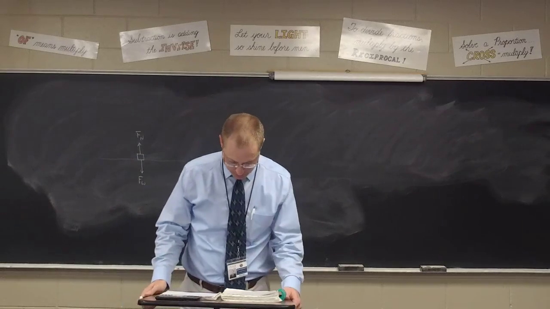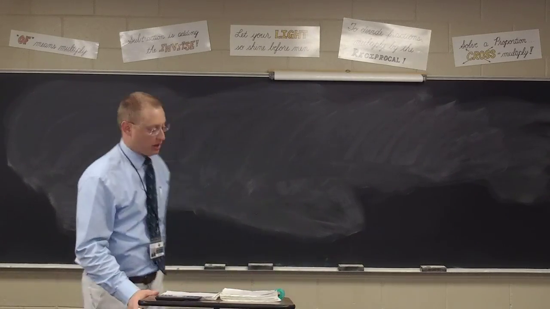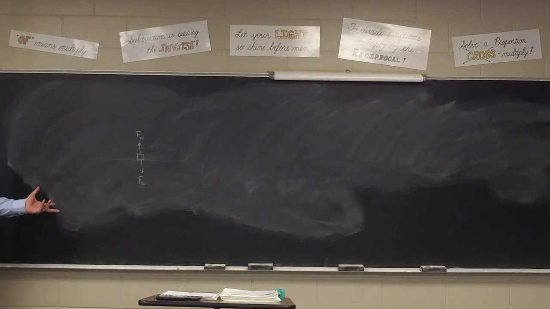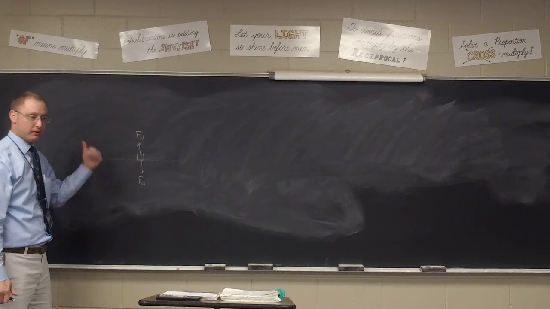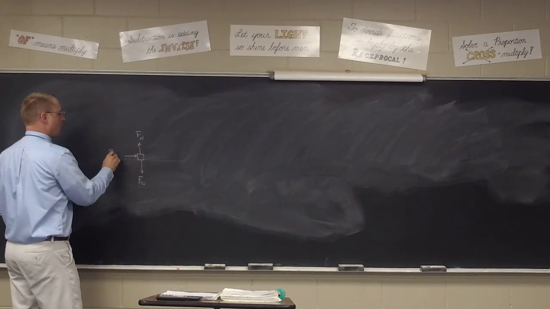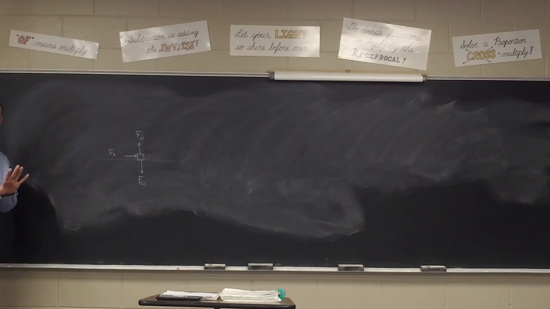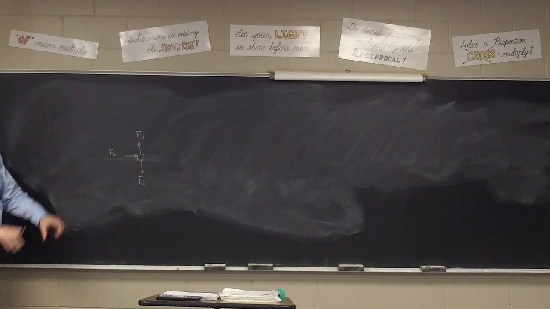Then along comes a person who pushes on the dresser with a horizontal force. I don't care which direction. We'll let Michael choose since he read the problem. Do we want to push to the right or to the left? Right. We want to push it to the right. So we'll push the dresser this way with an applied force. But as soon as the sliding begins, as the sliding is going on, what is resisting that?